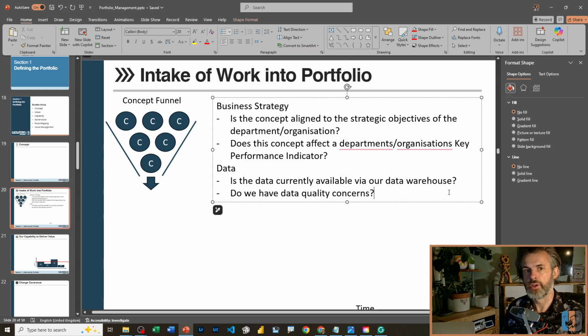We'll incur a cost to deliver against it, but then we're also taking on or increasing our technical debt in order to keep this product alive, basically. Do we have data quality concerns? Here's a good question.